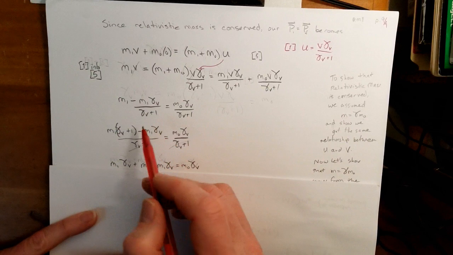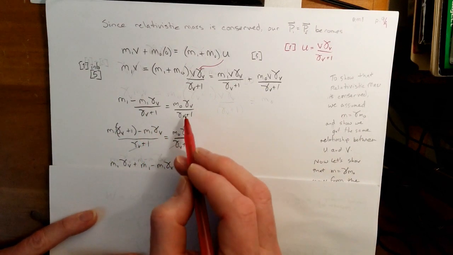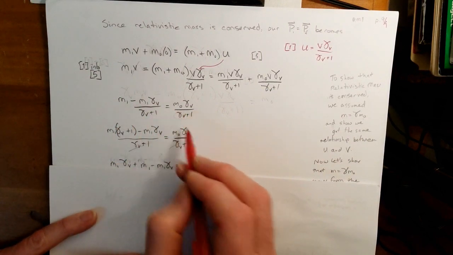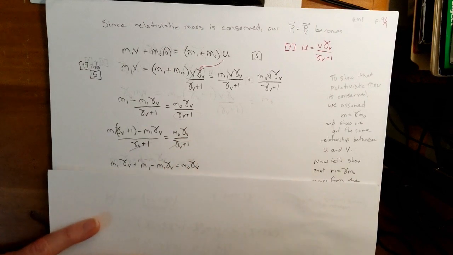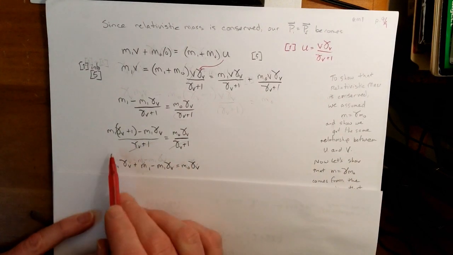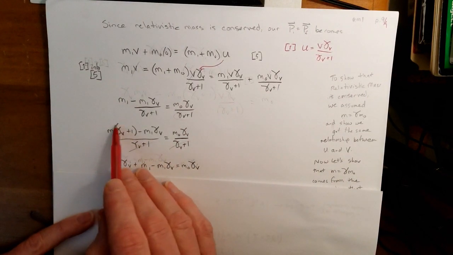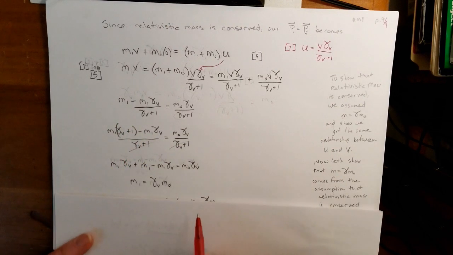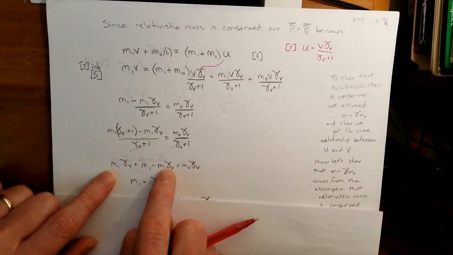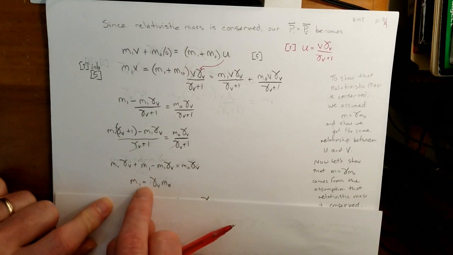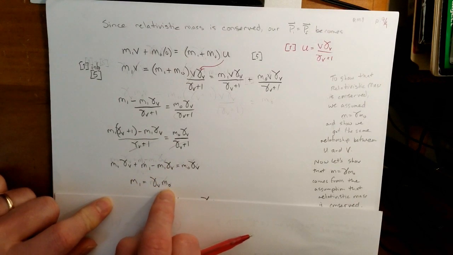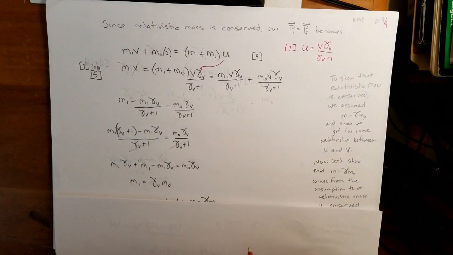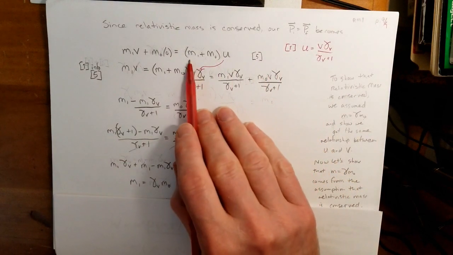Instead of getting a common denominator here, it would have been simpler to just multiply both sides by that factor right there, but I did it with an extra step. Now distribute the m1 to here and here. These two terms cancel out. I'm left with m1 is equal to gamma sub v m sub naught, which was the assumption that we had made before. Again, this is coming from conservation of momentum.